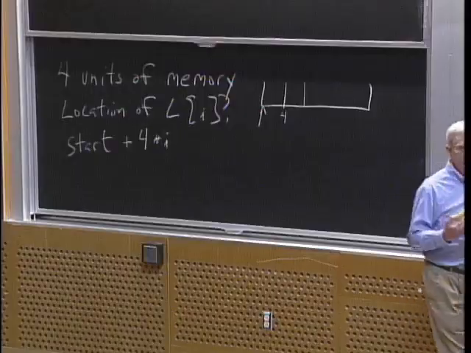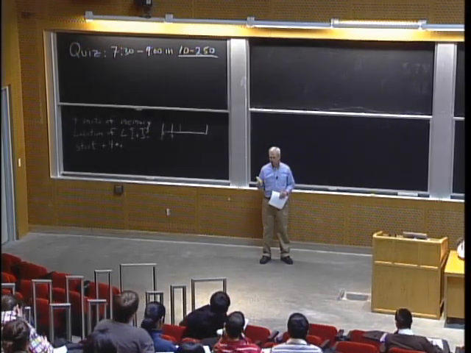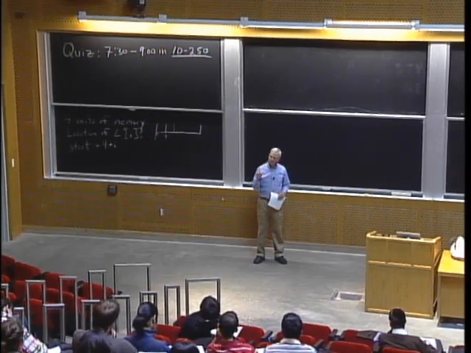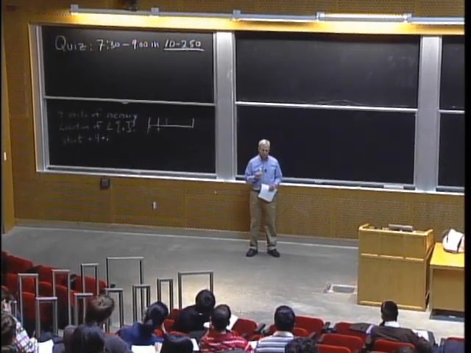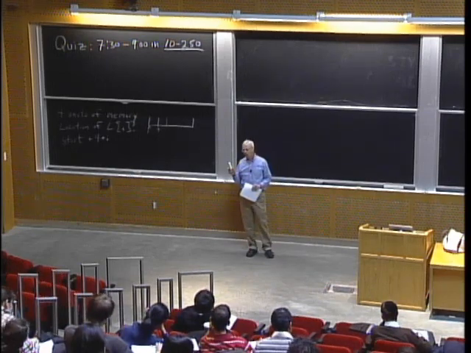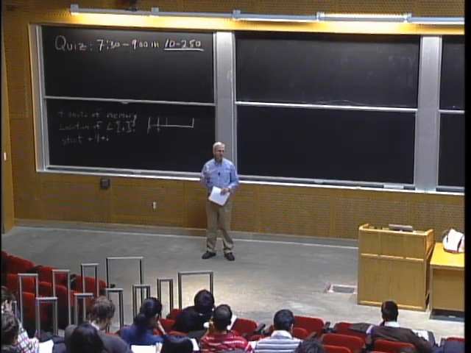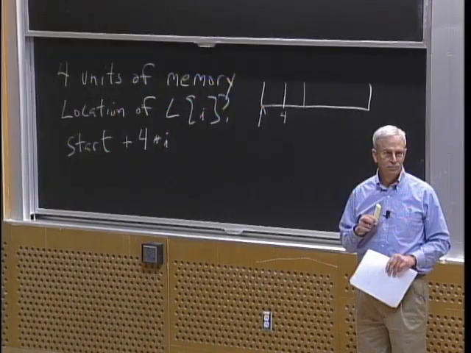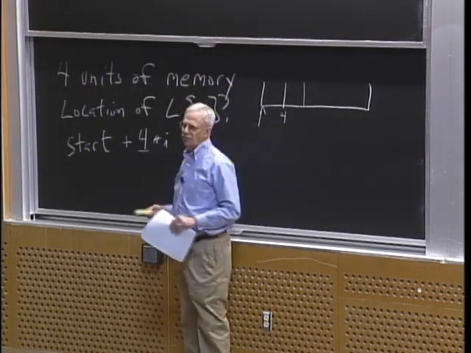So this is a very conventional way to implement lists. But what does its correctness depend upon? It depends upon the fact that each element of the list is of the same size. In this case, it's 4, but I don't care if it's 4.